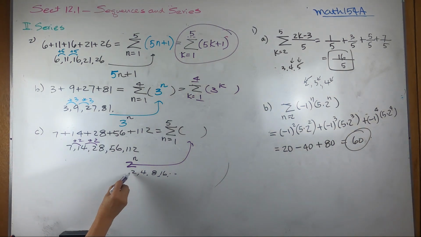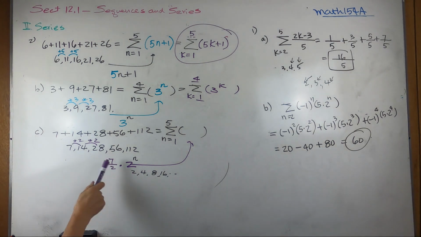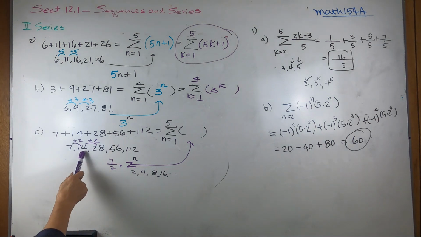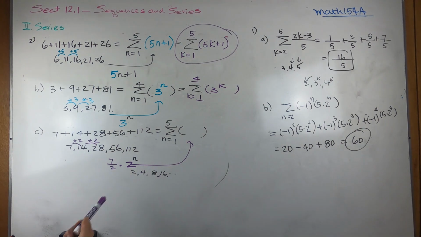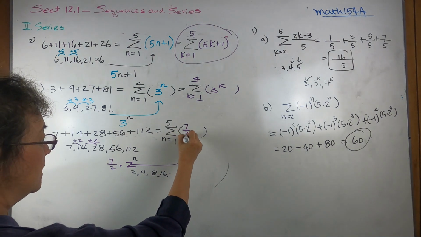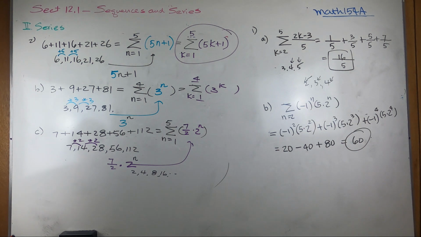So how do you make 2 become 7? You have to multiply by 7 halves, right? 7 halves times 2 is 7. 7 halves times 4 is 14. 7 halves times 8 is 28. That will work, right? So we will have 7 halves times 2 to the nth power. That's how we write it.